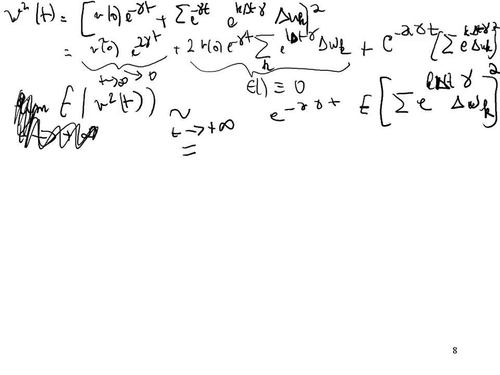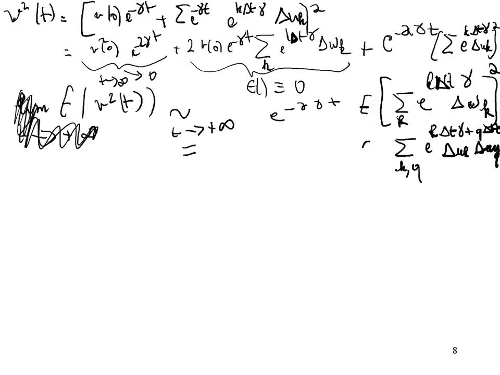This can be written as the double sum over k and q of exponential k delta t multiplied by gamma plus q delta t multiplied by gamma, and then we are left with d omega k and d omega q.